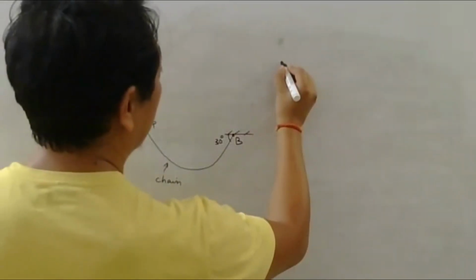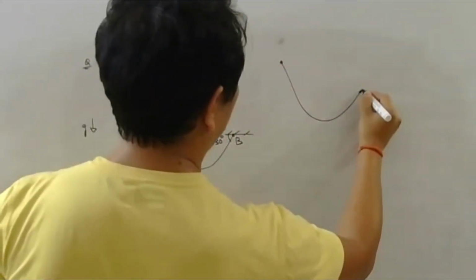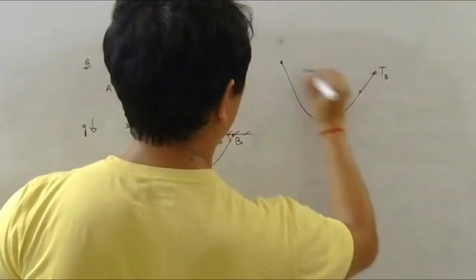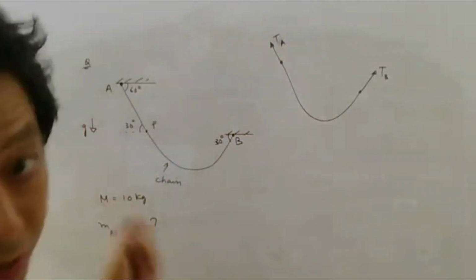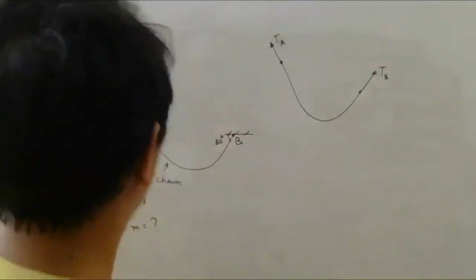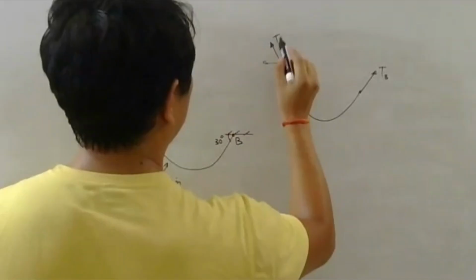So first you take whole thing as system. So tension at B will be here, like let's say TB, this is TA. Remember, wire has mass, so don't say tension everywhere same. This time be careful, students. This is TA.